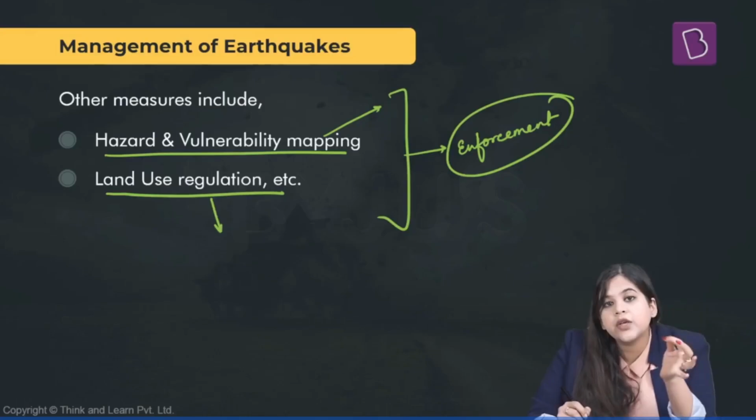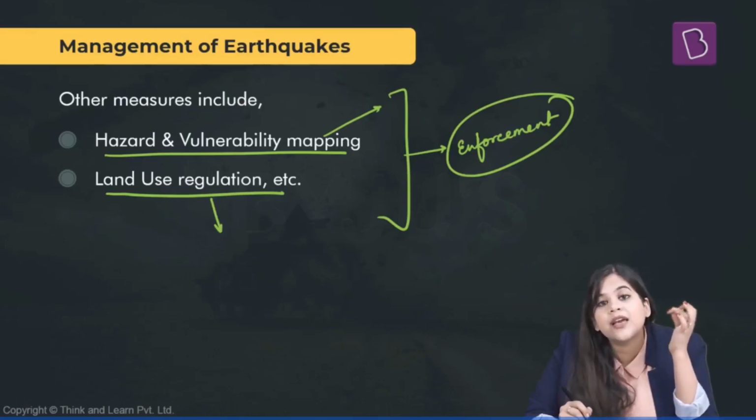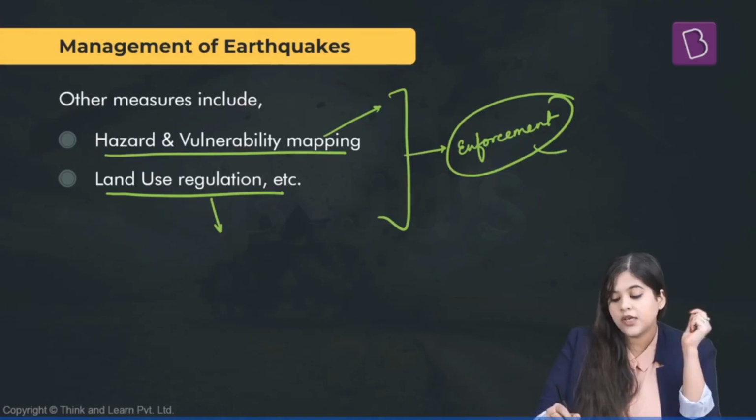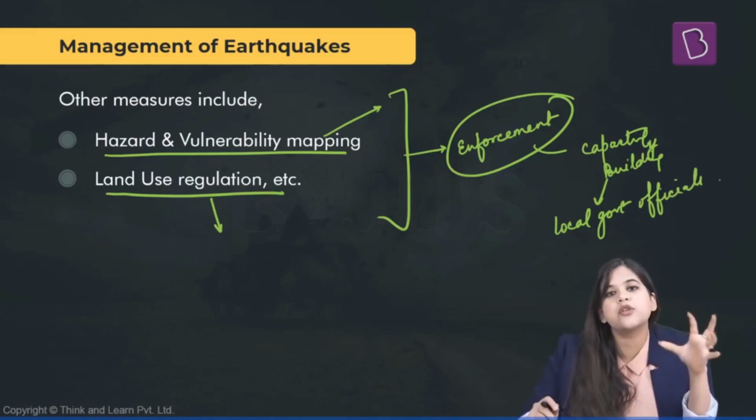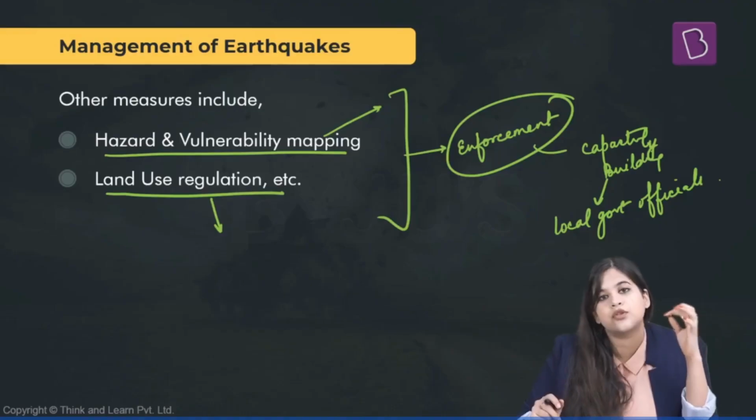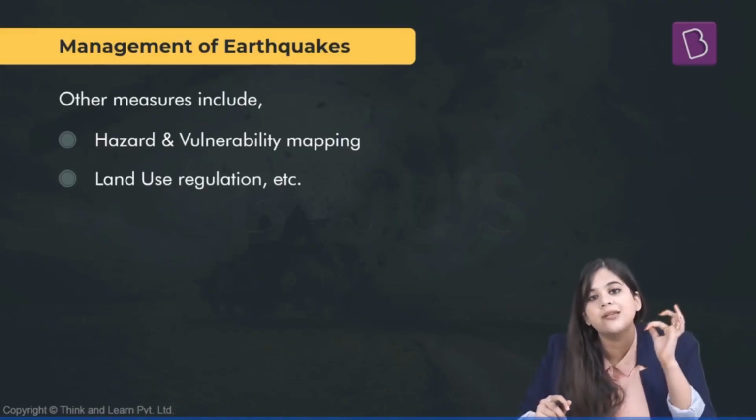They are properly regulated and they are properly enforced. And for this, capacity building of the local government officials, who are actually responsible to ensure the building codes are followed, is essentially needed.